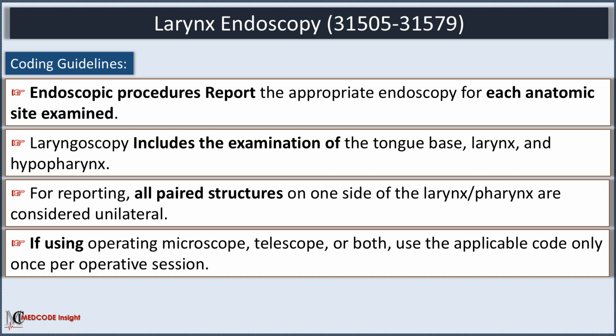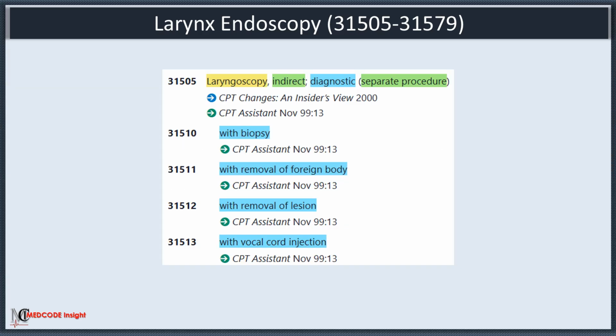If using an operating microscope, telescope, or both, use the applicable code only once per operative session. Laryngoscopy procedures may be performed direct, indirect, flexible, or with flexible or rigid telescope. Codes 31505 to 31513 are used for indirect laryngoscopy.